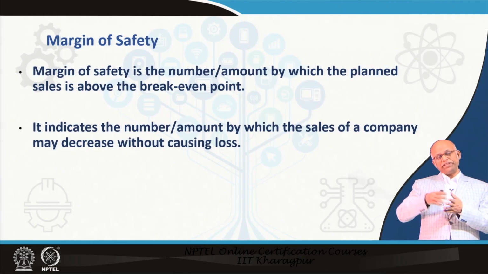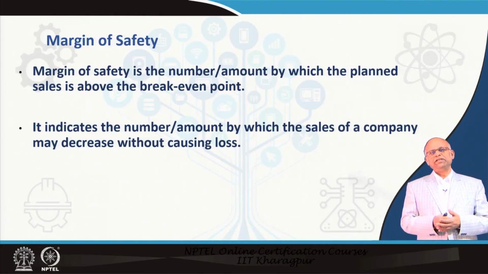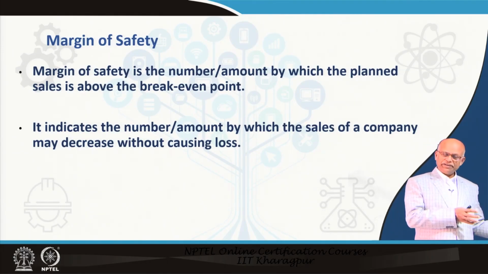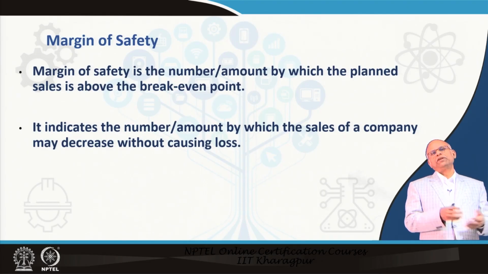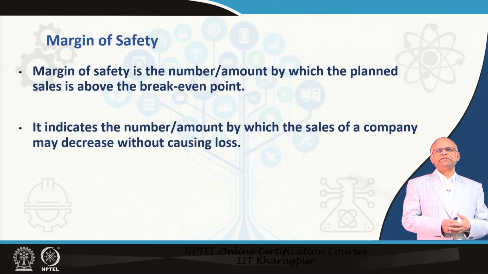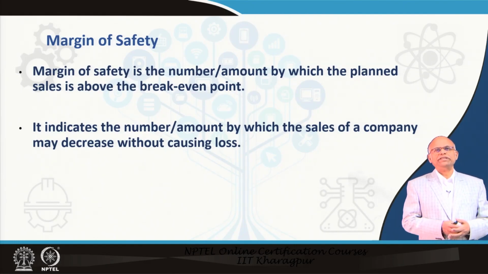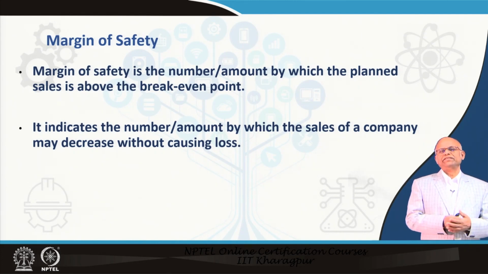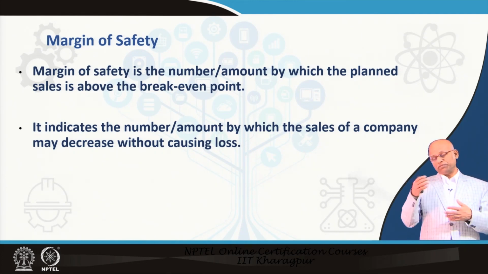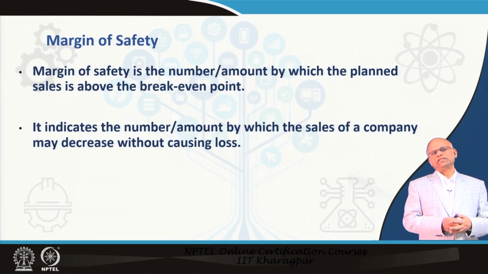So, if you are operating at a higher position compared to break even point, you are at a positive margin of safety, while if you are operating at a lower level, you are at a negative margin of safety. So, margin of safety actually is the number or amount by which the sales of a company may decrease without causing loss.